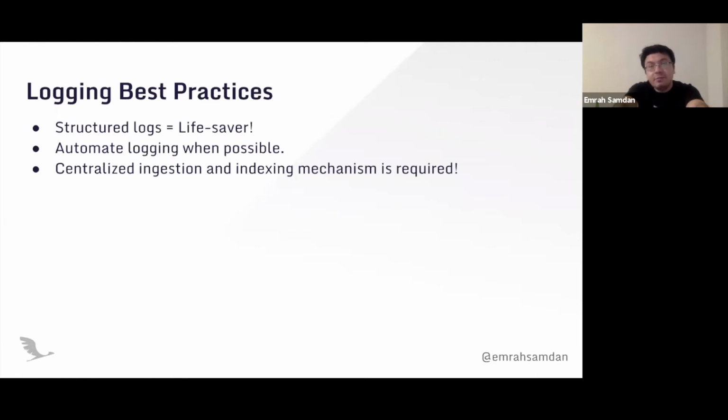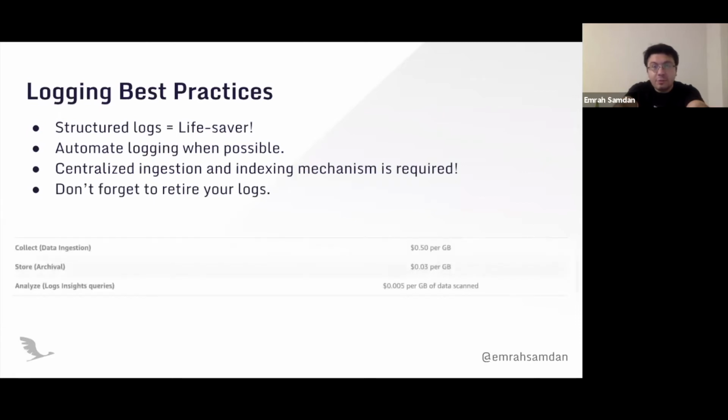CloudWatch is being improved a lot, but still there is more to achieve compared to other platforms. And if you are just keeping your logs on CloudWatch, please don't forget to set a retention, because every gigabyte of data is costing you 3 cents.